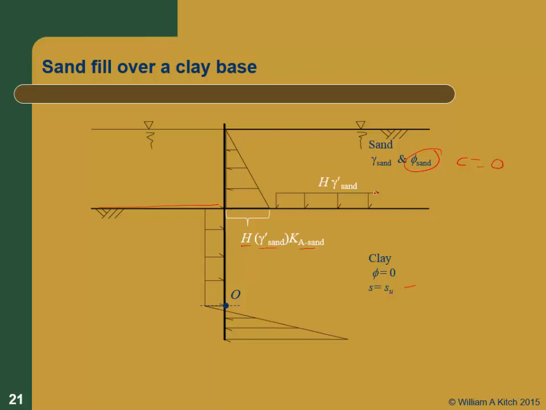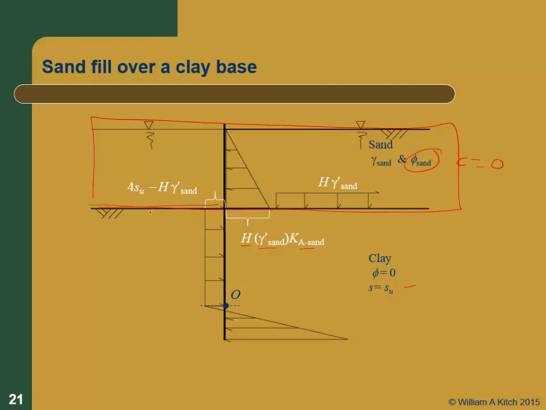And then if you think about the sand as just providing a surcharge load onto the clay layer, all we have now is just a clay layer. If you imagine all this going away, all you have is this clay layer, and this surcharge load, gamma times H prime, acting on top of the clay layer.